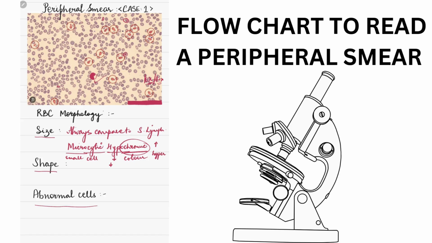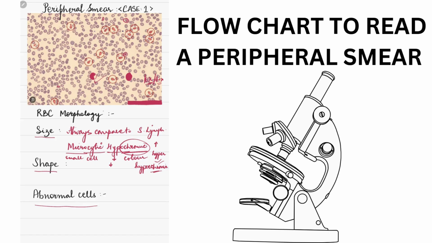For example, if there's an RBC which is filled with color, and there is no central pallor, then it will be hyperchromic. But mostly hyperchromic is used for malignant cells while we are describing the nucleus. So we are mostly tackling hypochromia in hematology peripheral smears.